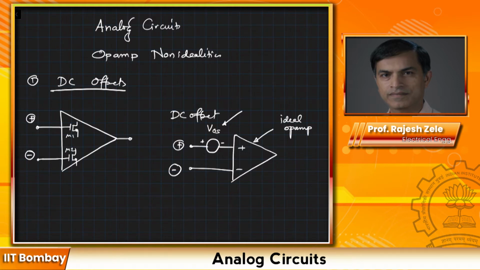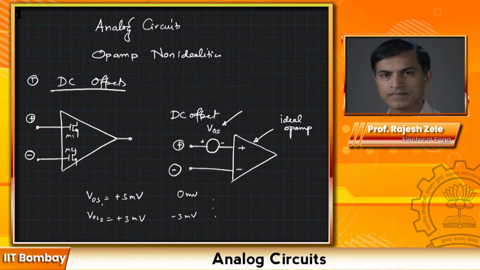We take one chip and find that VOS is equal to plus 5 millivolts. The second chip is, let's say, plus 3 millivolts. The third chip could be 0 millivolts, and the fourth chip could be minus 3 millivolts. This is a statistical property of the matching between the two devices. So the polarity, as I said, is unknown.